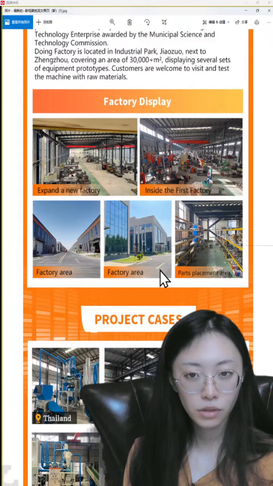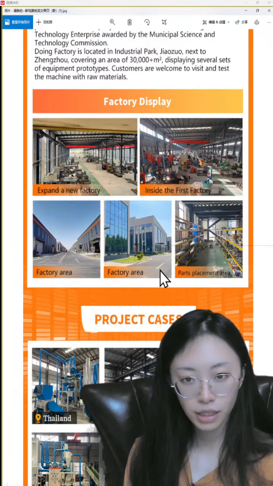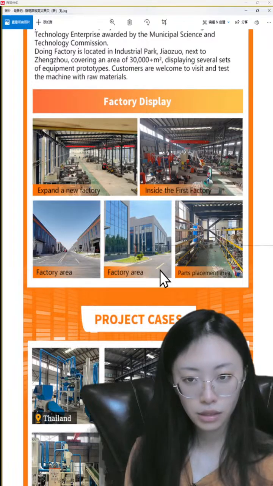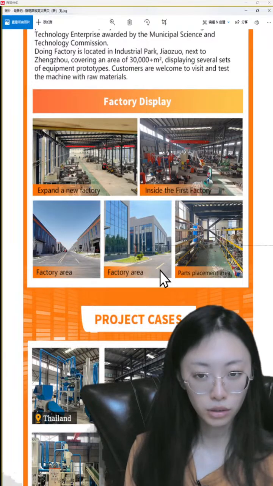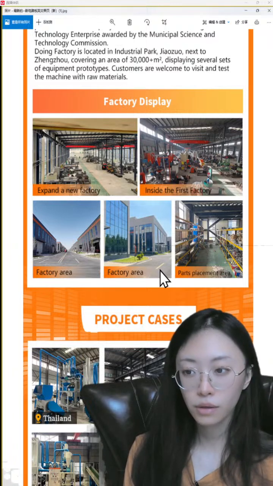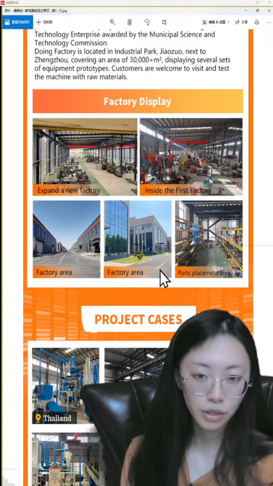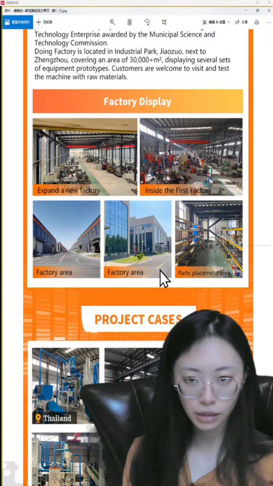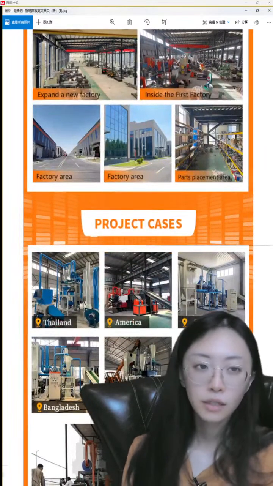We also have the combination machine to process straw dust, coconut shell, bamboo, and wood into charcoal, also called the charcoal making machine. And we also have the refining machine to refine waste oil into diesel. Those are different final products.